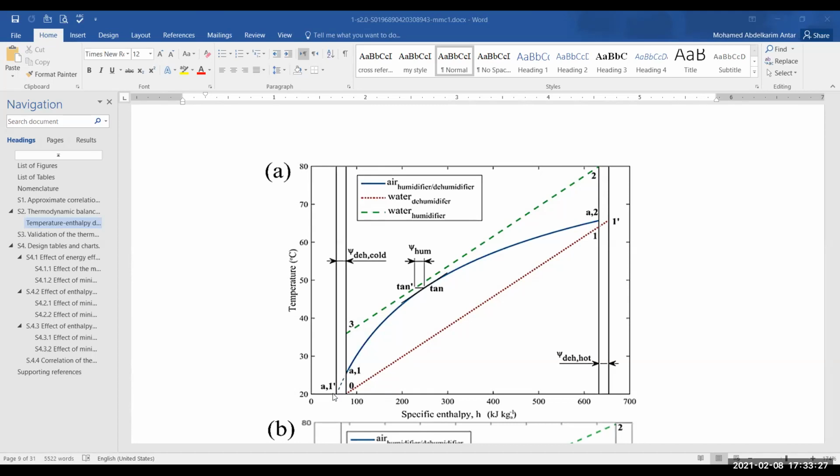In the humidifier, the situation is different. Now, the air here has been cooled down in the dehumidifier from state number 2, A2, down to state number 1. In a closed air cycle, it will enter the humidifier at state A1.